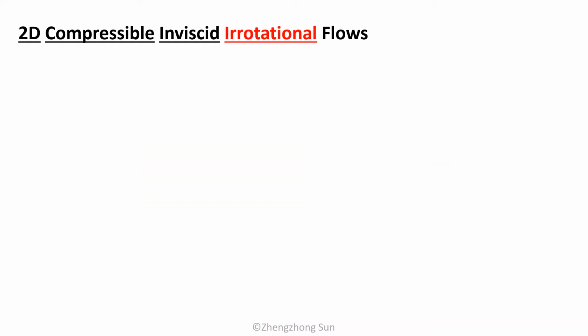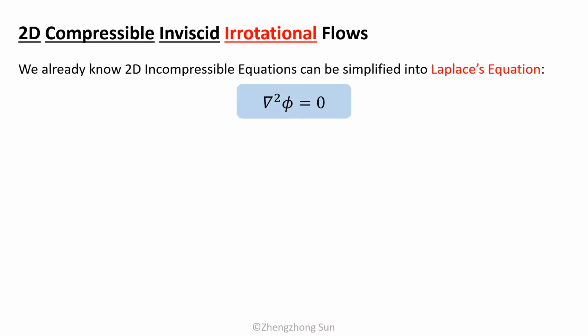So let's move further. Now we add irrotational into the title: we are looking at 2D compressible inviscid irrotational flow. We already know the 2D incompressible inviscid flow equation can be simplified into the Laplace equation. But now we take into account the compressibility, which means the density changes.